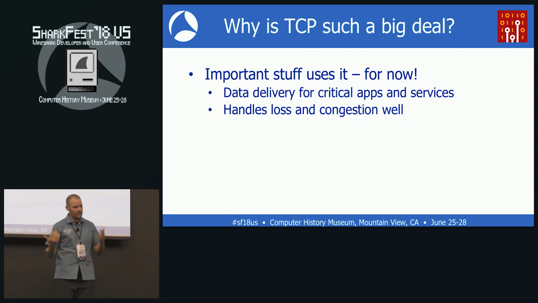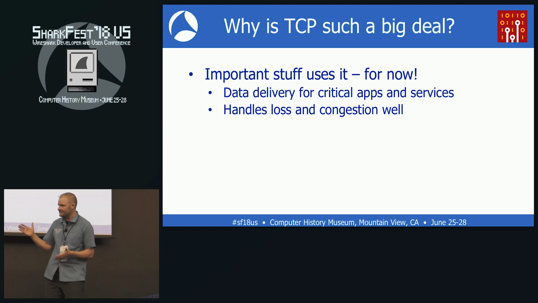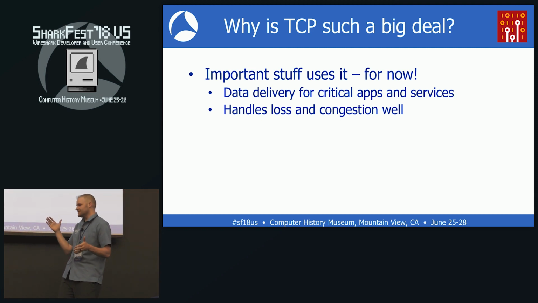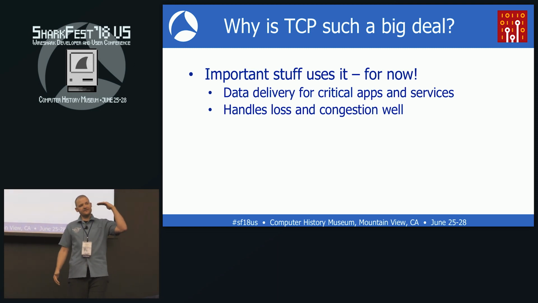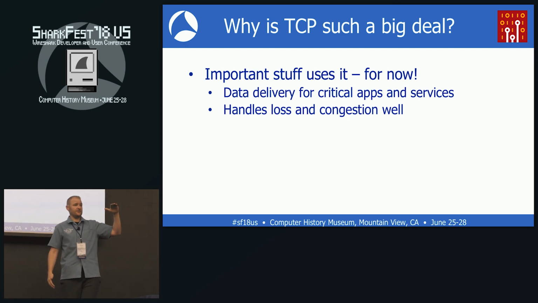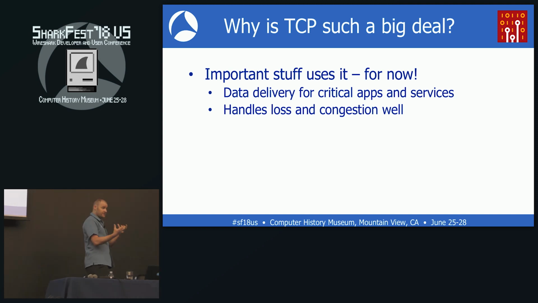If TCP is smart, it can figure out, okay, I just sent some data on the wire at a certain rate, I started to sense some congestion, I saw some loss, let me back off a little bit on how much I'm sending. Especially with a large data transfer, it wants to figure out the best rate it can send at without running into problems. So TCP is a smart protocol.